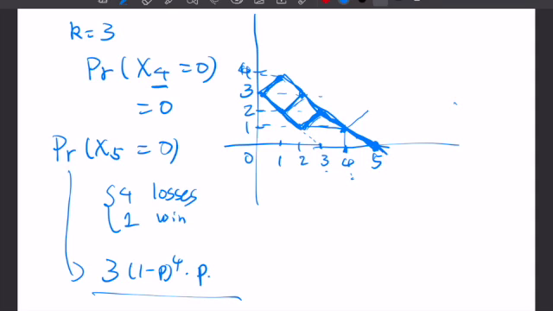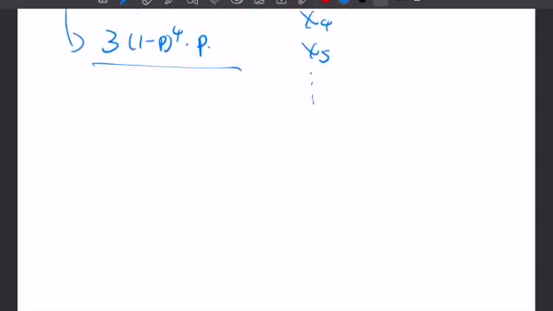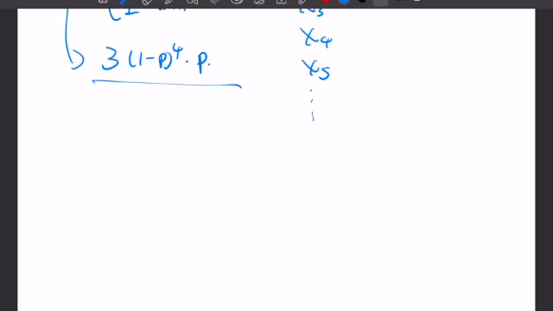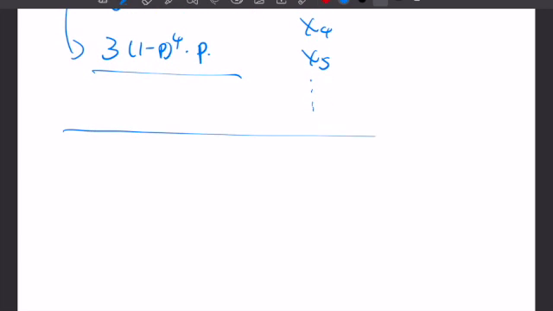In this way, we can continue calculating all the probabilities starting from x3, x4, x5, and so on. However, that is not what we want exactly. What we want is the probability of ruin itself.